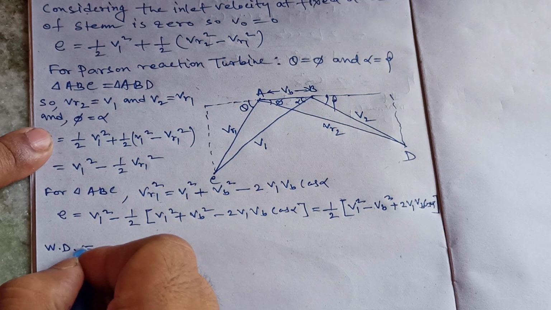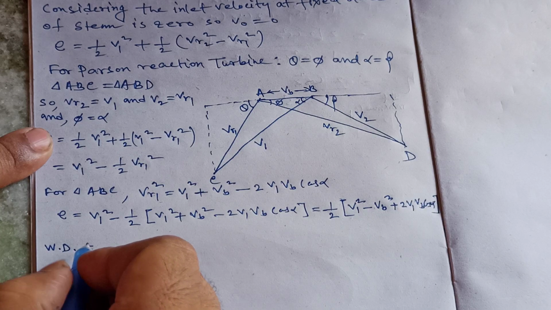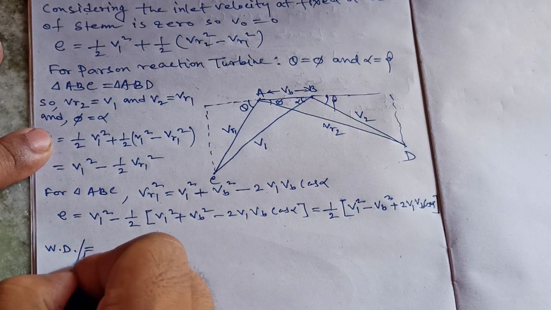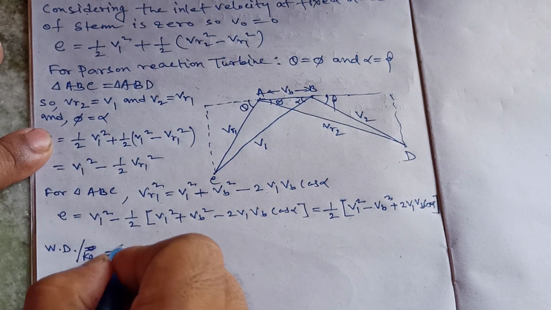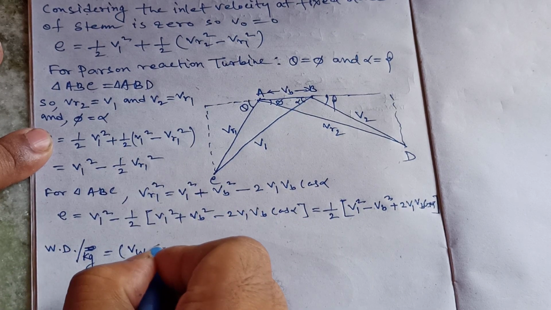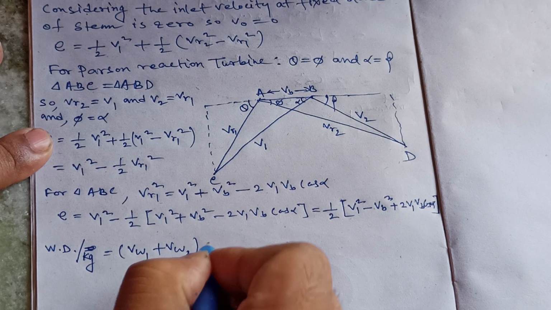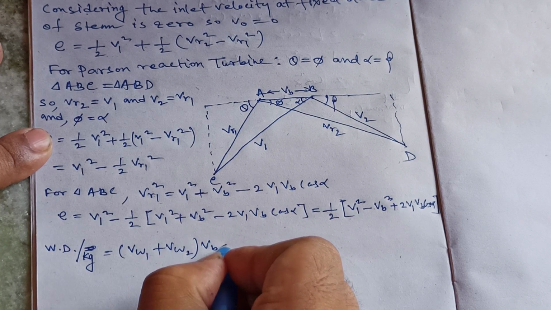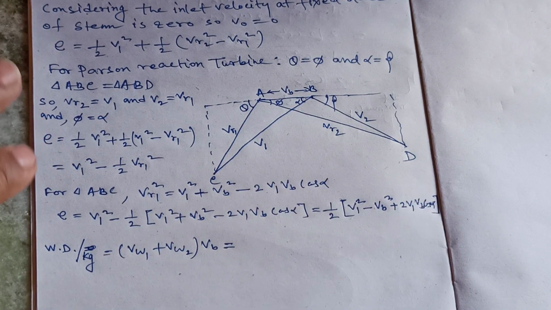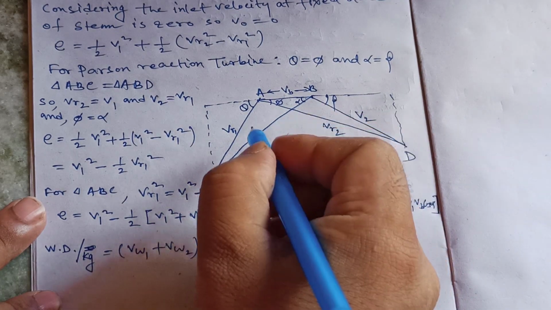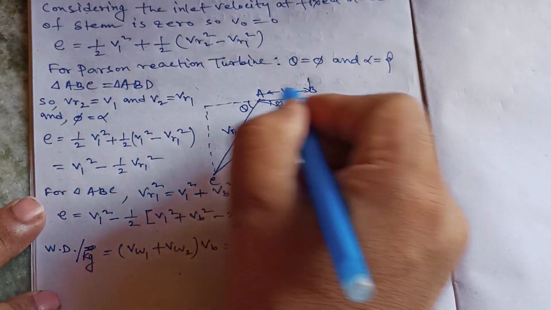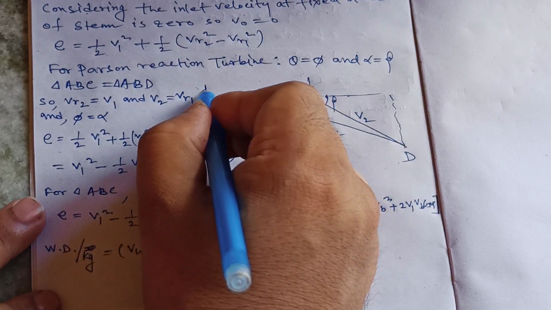Now I want to find the work done per kg in this form. This value will be (VW1 plus VW2) into VB.